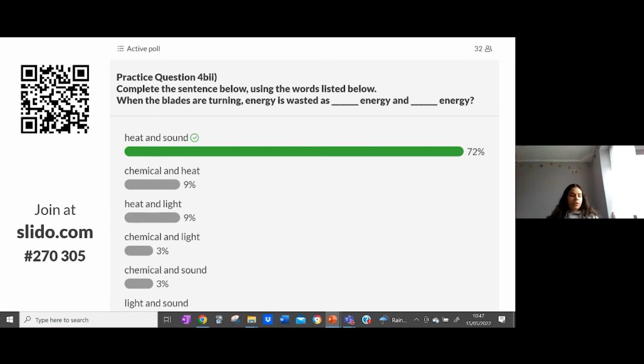So I think if I was trying to answer this question, maybe in an exam, I would try to visualize. I try to think, okay, this is an object that you're likely to be familiar with. What are the energy forms that are being wasted? So when you have a motor, usually it becomes hot. That's quite a safe option.